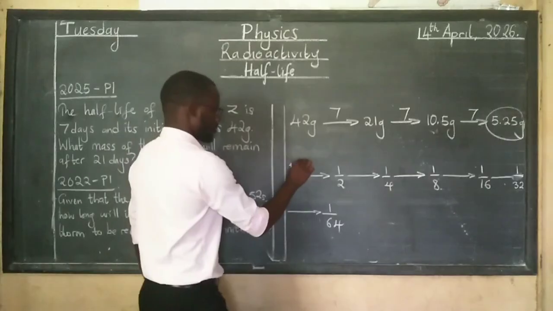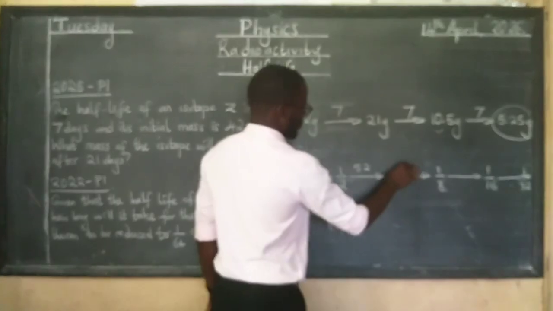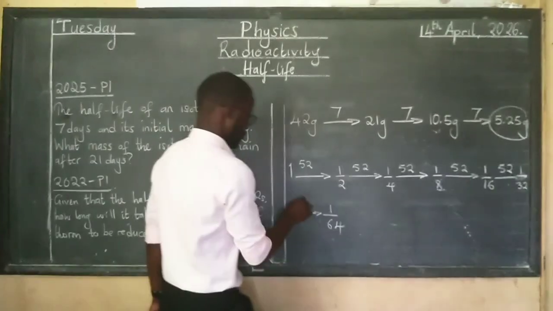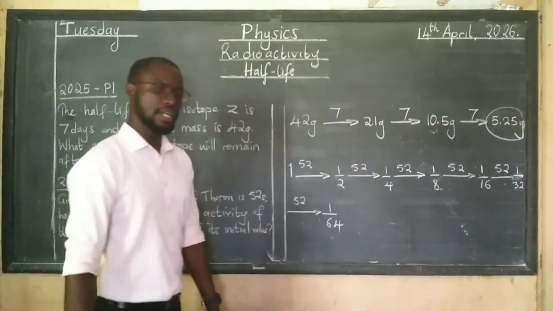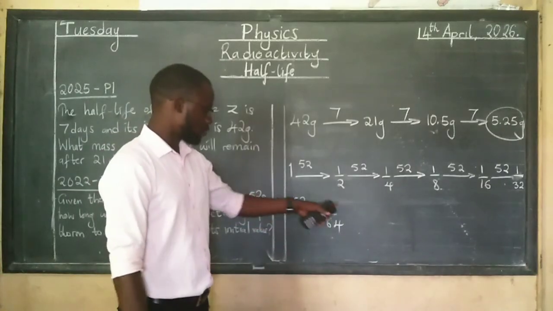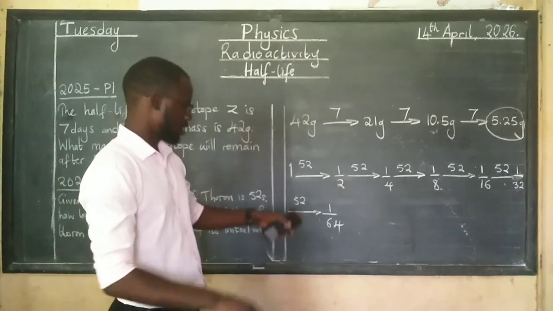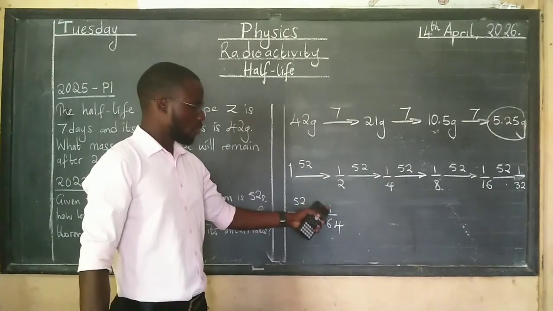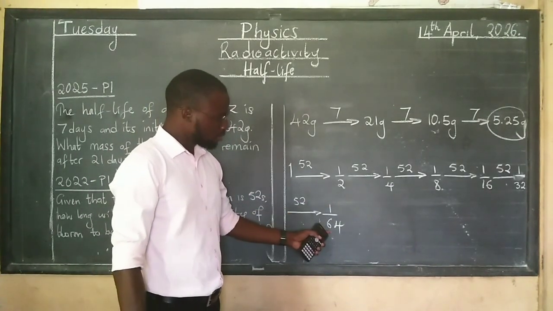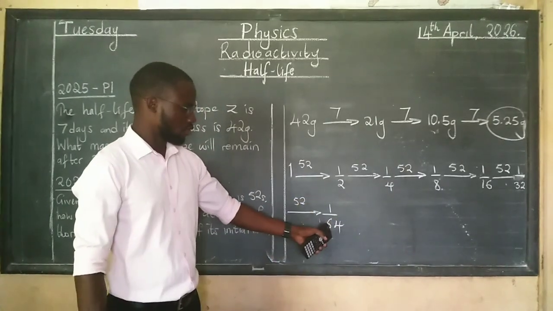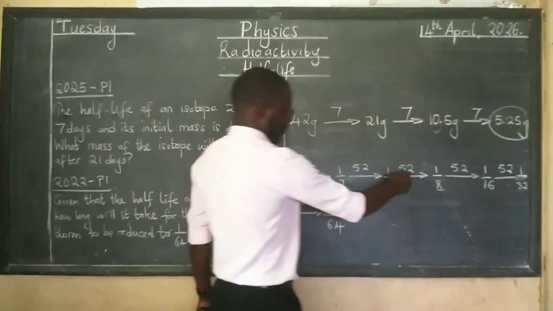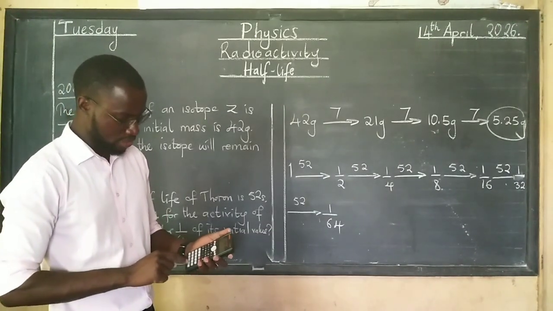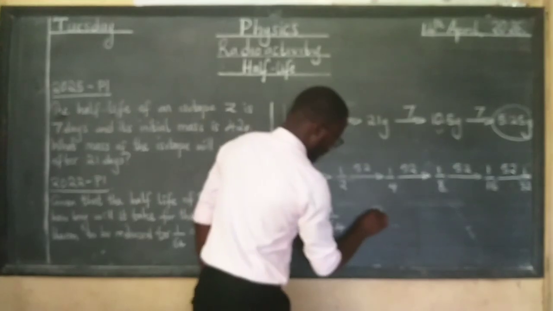Then we put the 52s here: 52, 52, 52, 52, 52, 52. So we have reached this point. The whole thing, represented by 1, has now been reduced to 1/64. How many 52s has it taken for us to reach this point? This is 1, 2, 3, 4, 5, 6. So this is just 52 multiplied by 6, giving me 312 seconds.